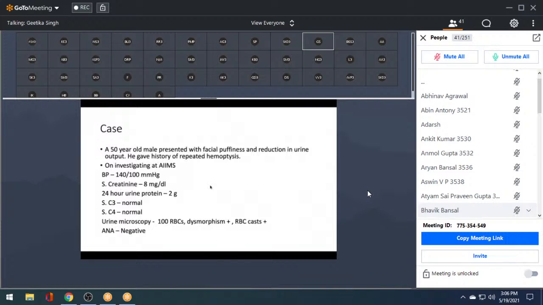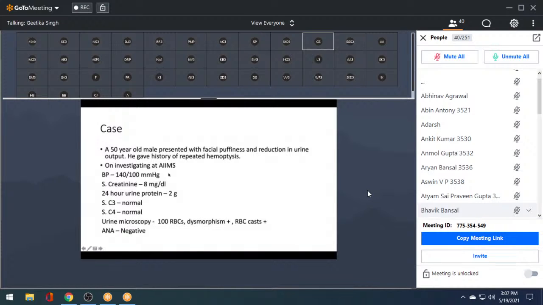But in this kind of context, if somebody says facial puffiness, it is because of the proteinuria. There would be some hypoalbuminemia and edema. Facial puffiness is one of the classical features of kidney proteinuric disease patients. You can get pedal edema and facial puffiness, and then that can progress to anasarca. You must think of all of these things when you get such clinical scenarios.